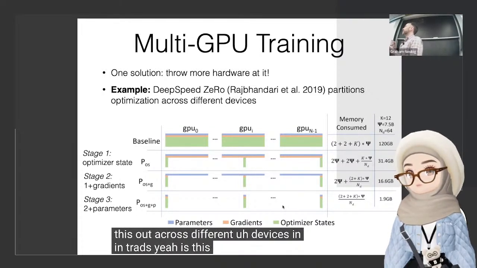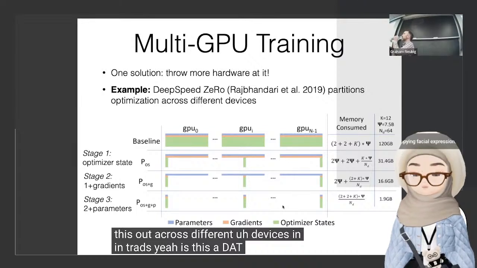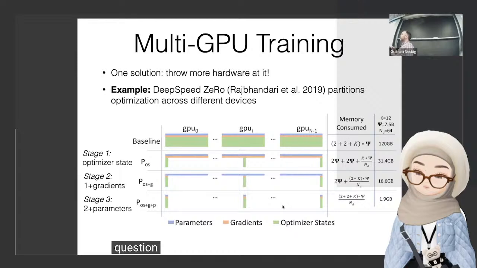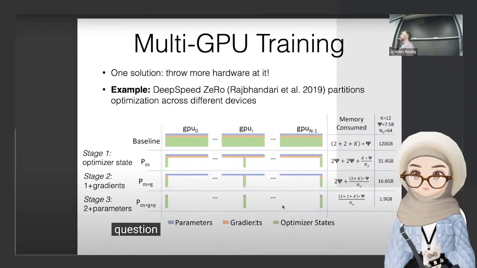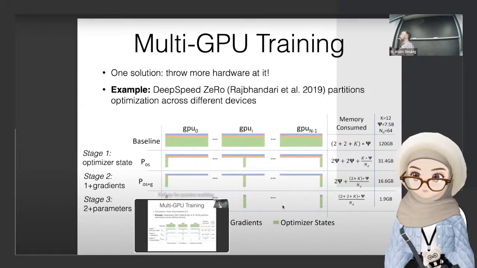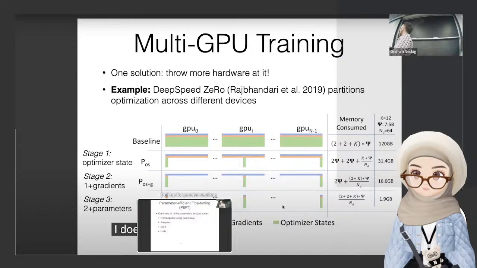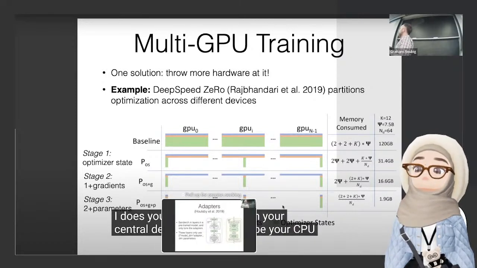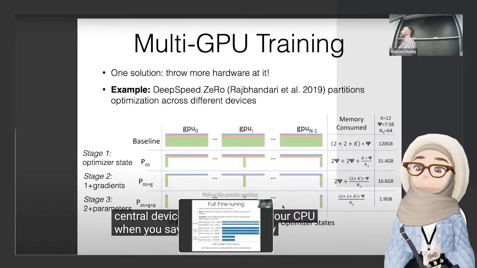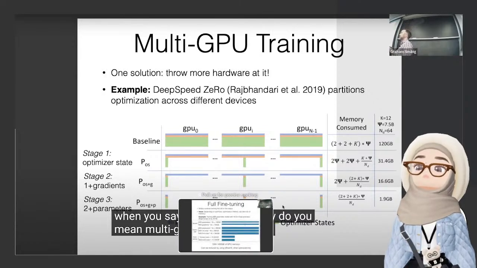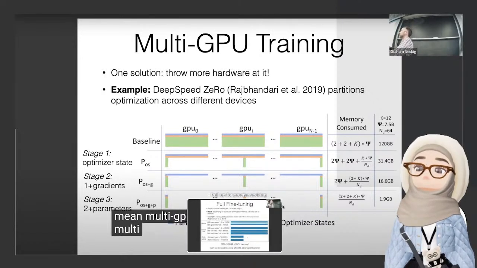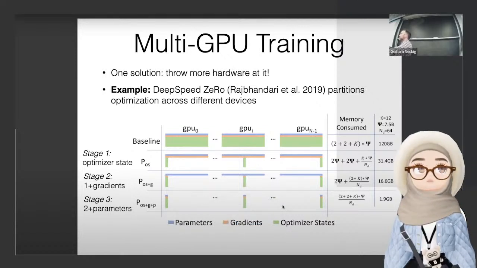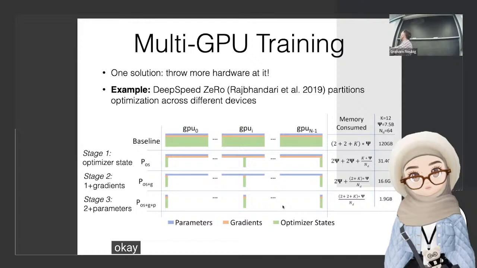Just a general question about multi-GPU training: does your central device, like your CPU, need to be able to handle that?